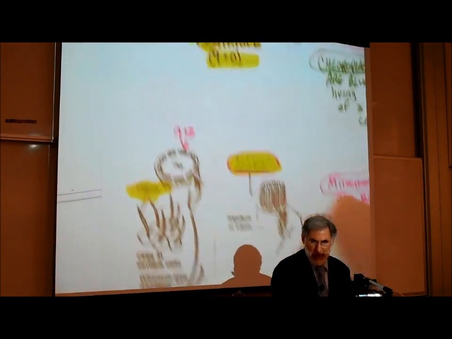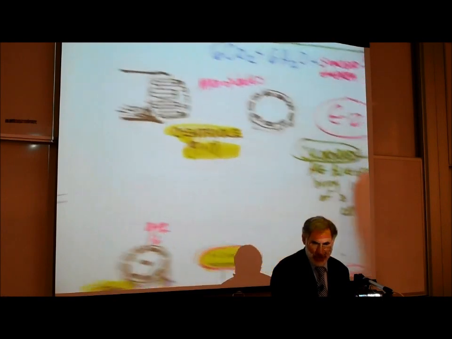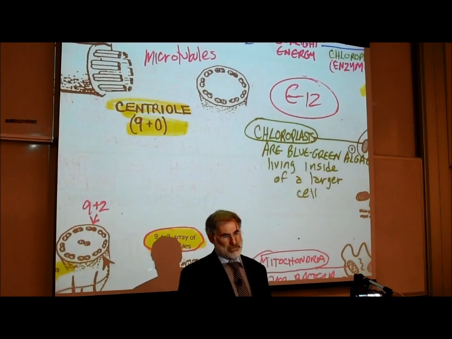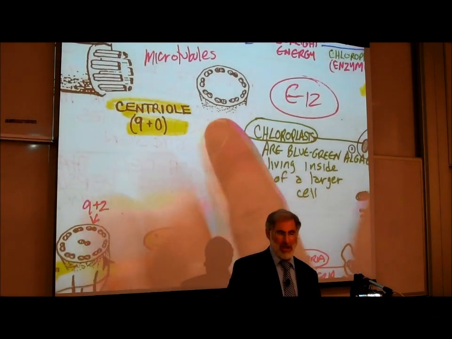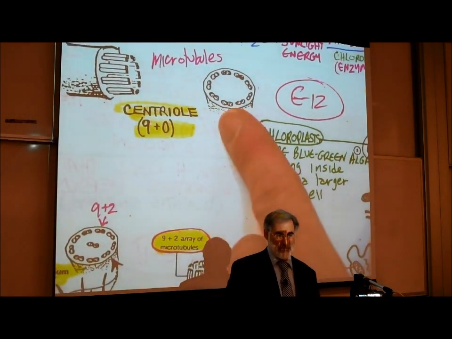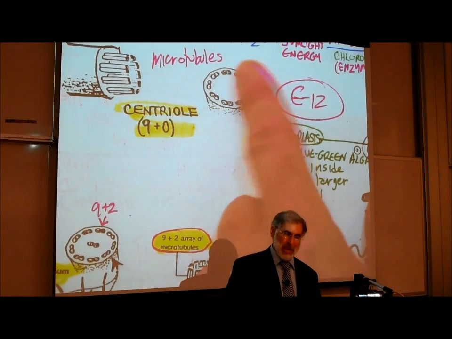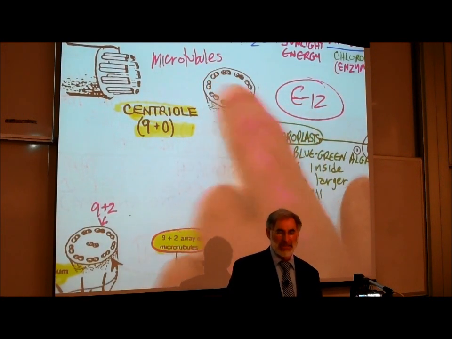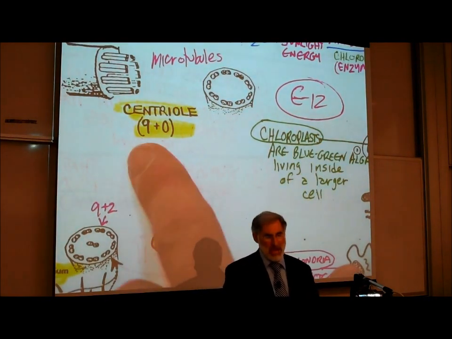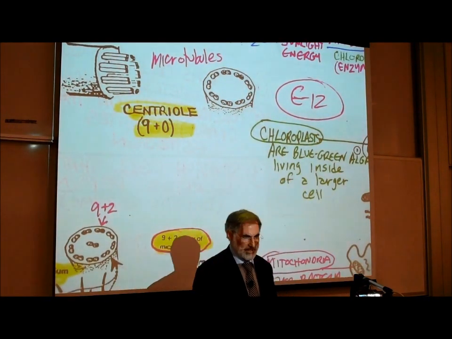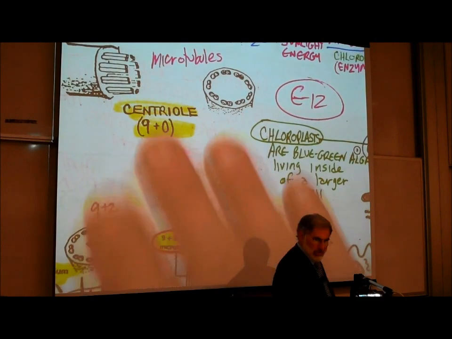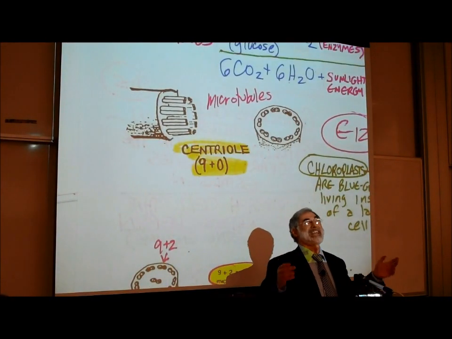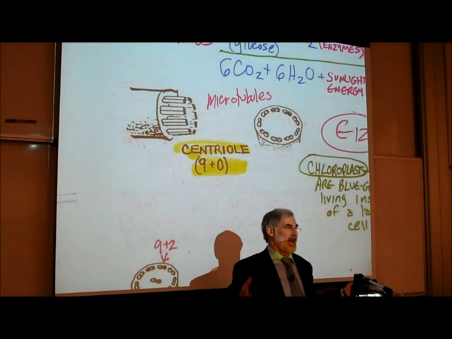Now, just above is a centriole. I didn't bring my model of a centriole, but a centriole looks very similar to a flagellum or a cilium. It has 9 sets of microtubules around the perimeter, but it's missing the pair in the center. This is called a 9+0 arrangement. Now, the centrioles are structures that are involved in creating movement in animal cells when they divide.